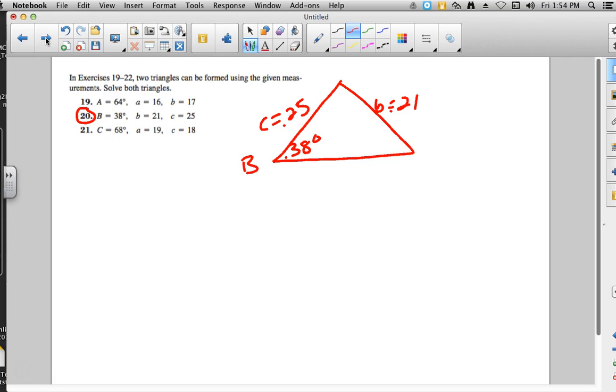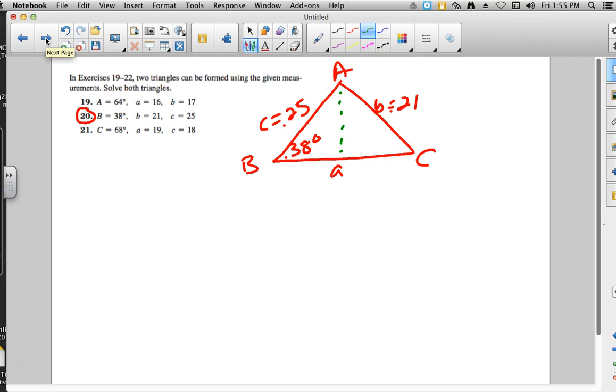I mean, they flat out told us it's two triangles, but if I would want to figure out whether or not this does have two triangles, that's the way I have to place those, because our choices for the use of law of sines are angle, angle, side, angle, side, angle, and side, side, angle, where we have the ambiguous case. So those are the only choices that we have. So this tells me the big C is going to be here, big A is going to be here, little a is going to be here, and the first thing I want to do is find the height.